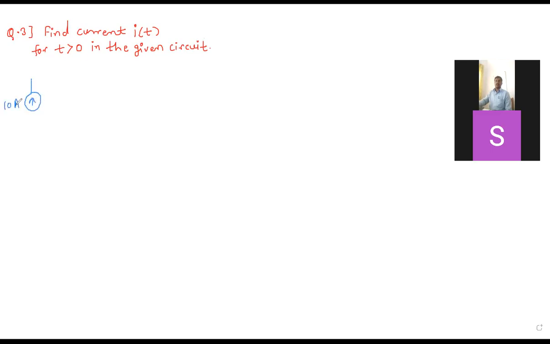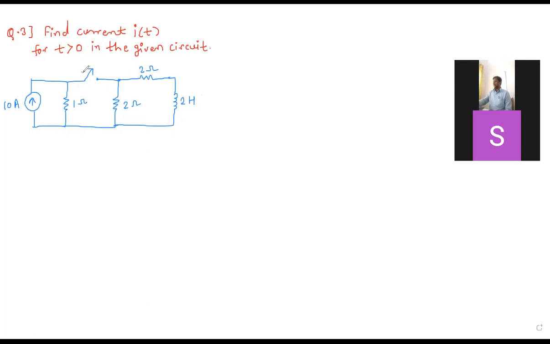This is 10 ampere. This is 1 ohm. This is 2 ohm. This is also 2 ohm. This is 2 Henry, the inductor given.